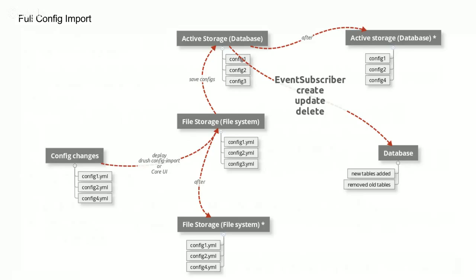And if there are configs in both active storage and file storage, but the actual content of the config is different, core thinks of them as to be updated. So from the first point of view, it's a simple picture and easy to use.